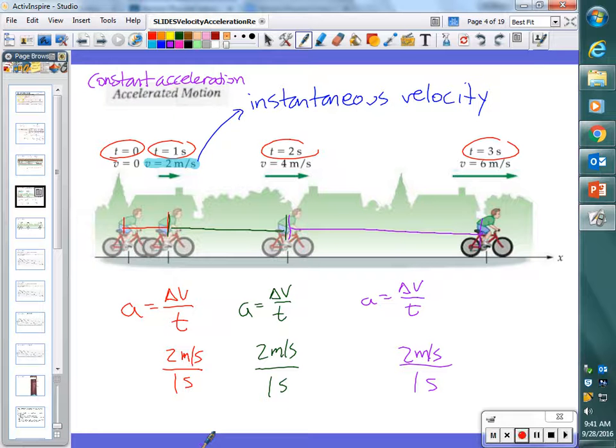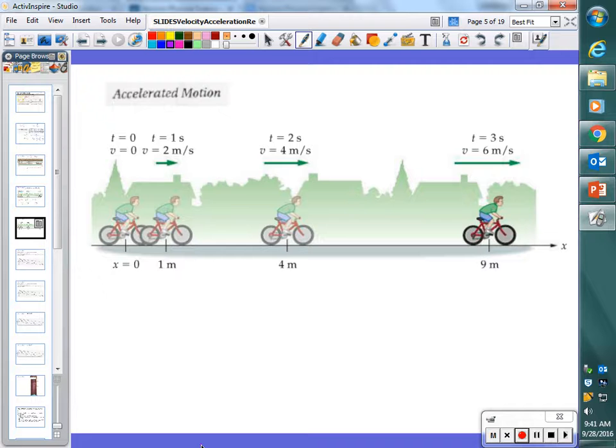So the fourth descriptor of motion that we haven't quite addressed yet is the displacement, or how far does this object go, right? You guys have this extra detail on your picture, right? So let's talk about where those numbers come from today, and that's our focus for today.